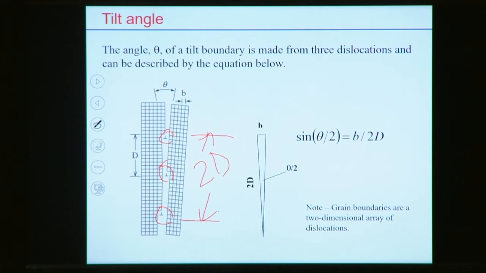So this relation holds true: sin theta by 2 equals the magnitude of the Burgers vector divided by 2D.